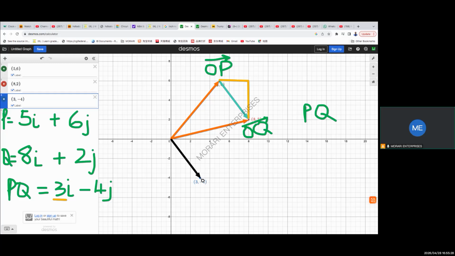They taught you, if you have vectors OP and OQ, PQ is equal to OQ minus OP. Yes. But how do you see it visually? If I have one vector like this and another vector like this, what is the difference and what is the sum?